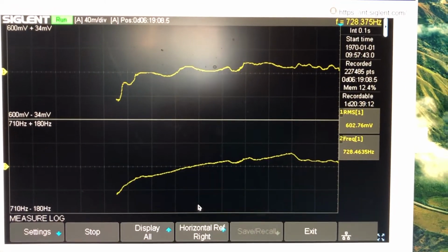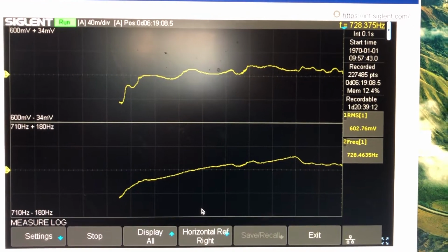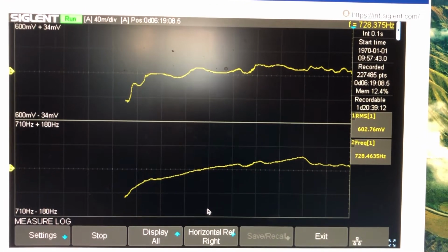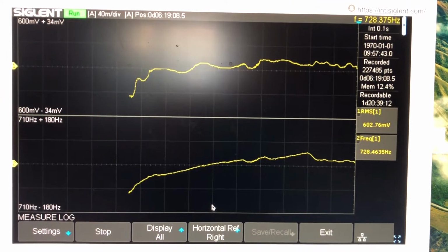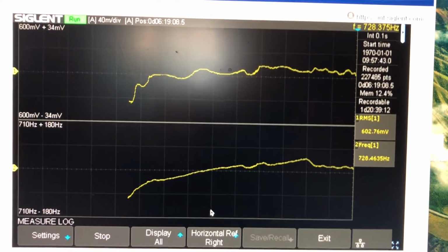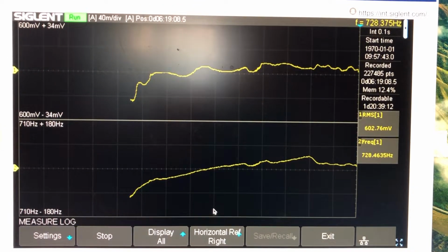Here's a screenshot of what it logged overnight. You can see over the course of 6 hours, it started right around 605 hertz. That's the bottom trace there, and it had gone all the way up to 728 before I shut it off this morning.